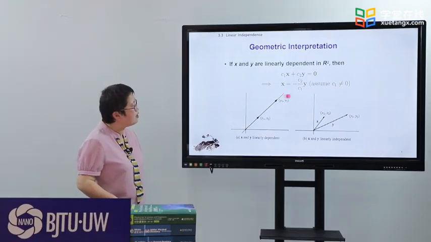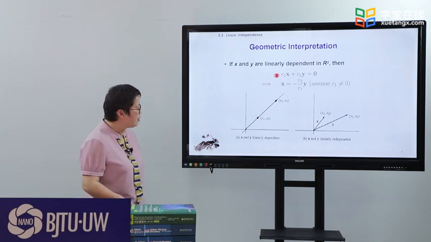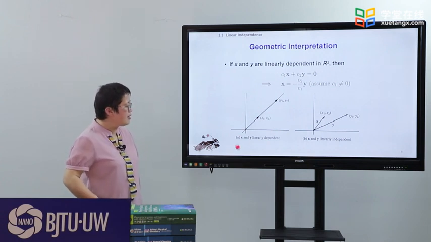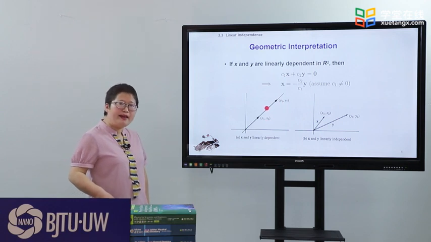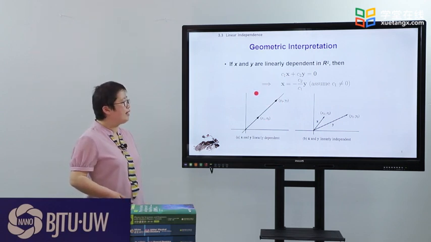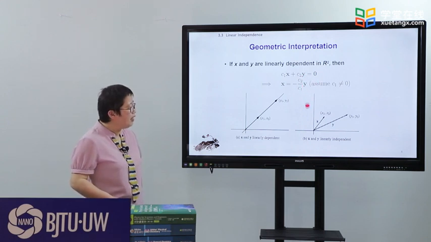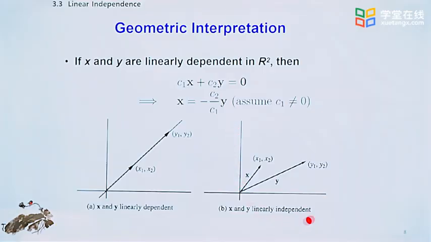They are in the same direction or in the opposite direction. So in this case, x and y are linearly dependent. One can be written as a scalar times another vector. And if x and y are not collinear, then you cannot write one vector as a multiple of another, so x and y are linearly independent. So this case is linearly dependent, this case linearly independent.